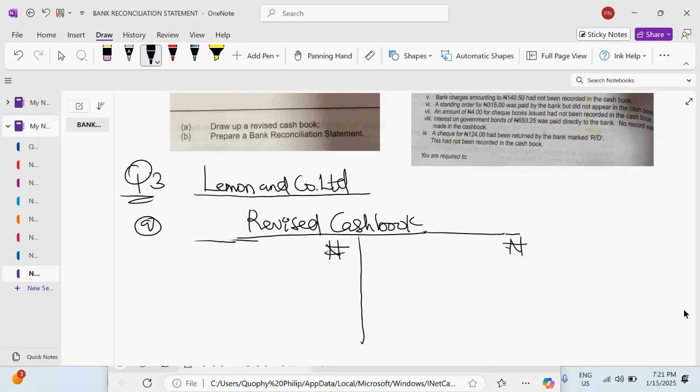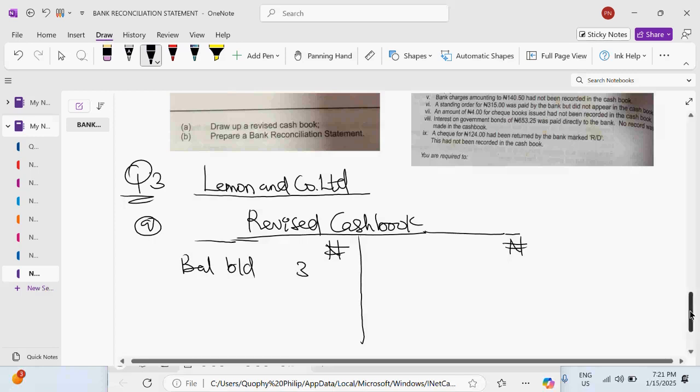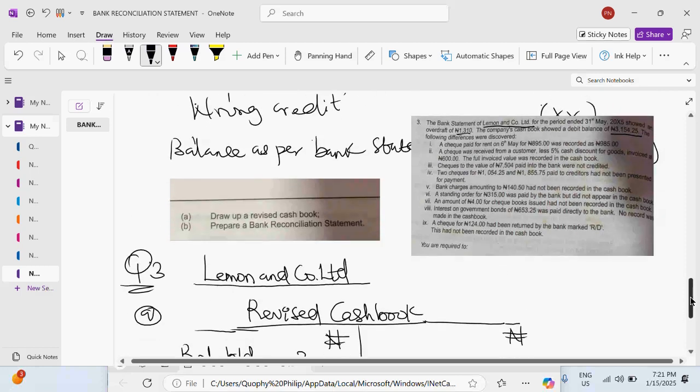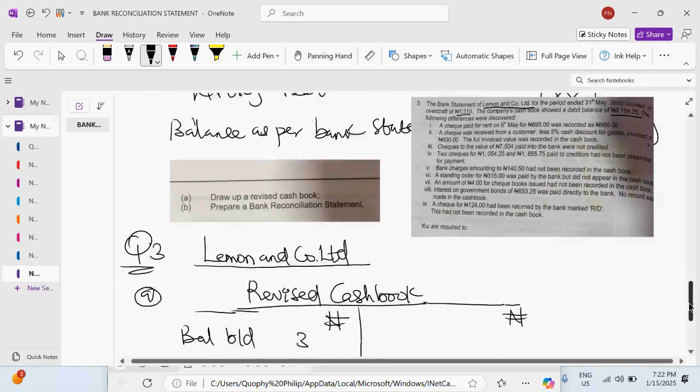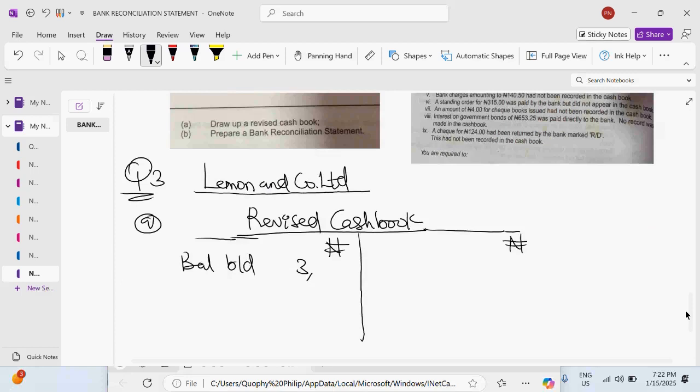So the balance brought down from the previous period is 315.25.